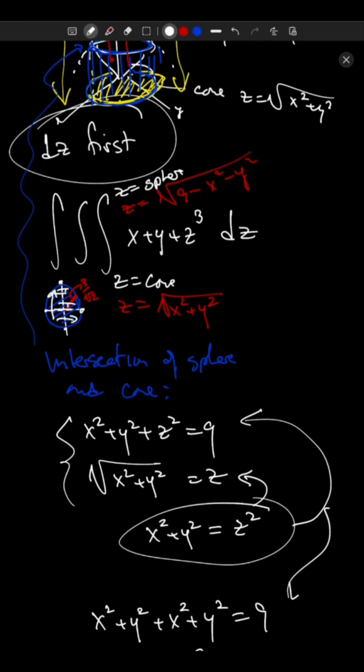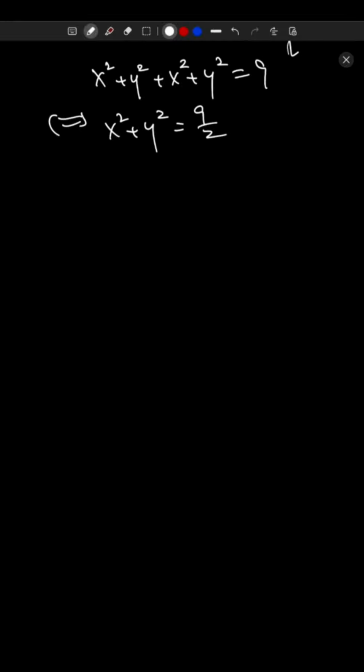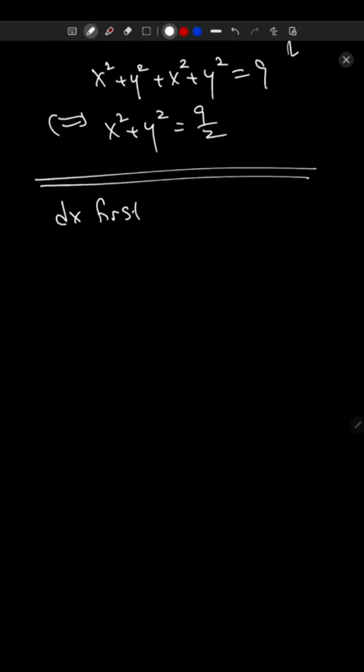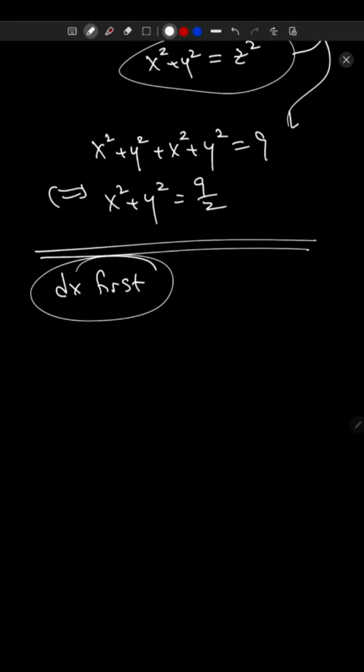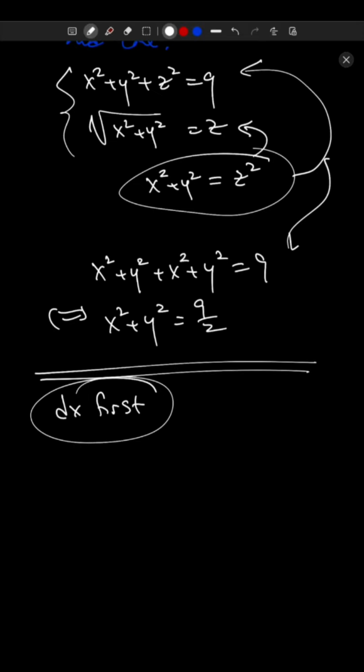Essentially, once you've gotten to this point, it becomes a problem from section 16.3, 16.4, or something like that. What if we wanted to set this up again with a different order? Let's do dx first. It might seem silly to do dx first when in this particular case the dz looked very straightforward.